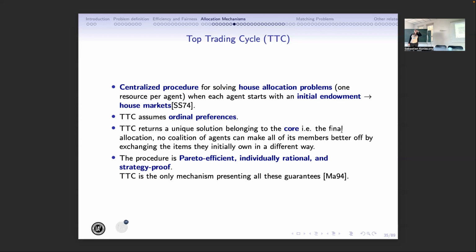They always move to a better house, and they won't have to move to a worse house to then get a better house later. And it has been proved that in house markets, TTC is the only mechanism presenting all these guarantees. So if you find another mechanism which has the same guarantees, in fact, it is equivalent to TTC. It is TTC.